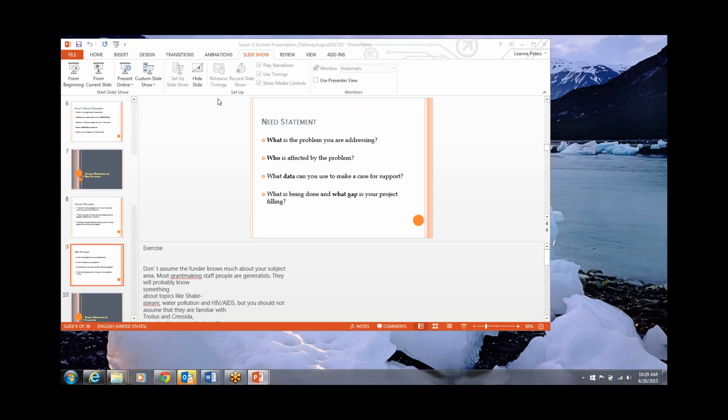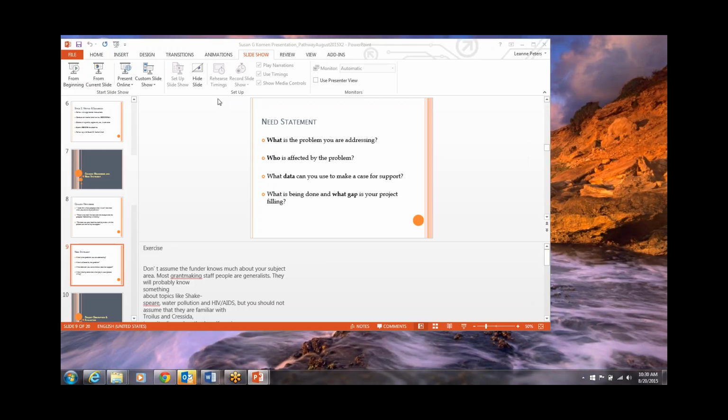And then, I think the largest part of the need statement, the part that really is going to set you apart from the organizations you're competing with when the grants are being reviewed, is what gap your organization or your project is filling. To me, it's the so what. You serve breast cancer survivors, but what are you doing that isn't being done somewhere else?